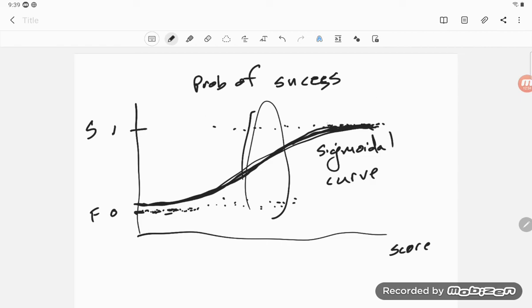But the idea is, if my probability of success is creating this kind of sigmoidal curve, we can actually transform our data, transform our response variable, and we'll see that in another video. We can transform that data so that then we can use our linear regression.